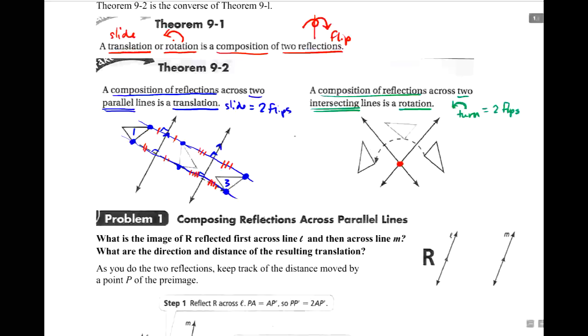We have intersecting lines. Again, we are going to draw our perpendicular lines. I'll draw one up here, perpendicular lines, right? And then we measure this distance, and it equals this distance, and this distance equals this distance, and so on for all of our points. And we have our pre-image, and we turn it into our image. Okay, well, now we have opposite orientation, and so we need to flip it again.